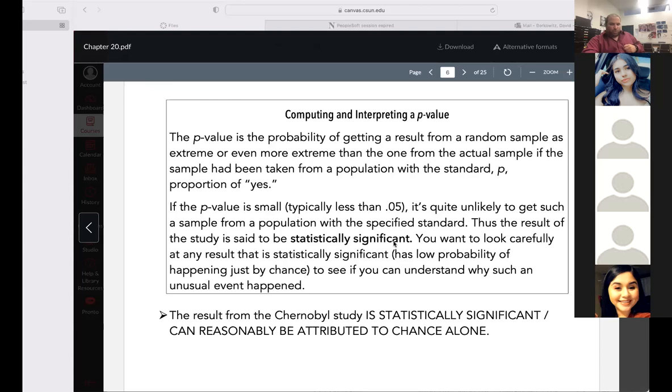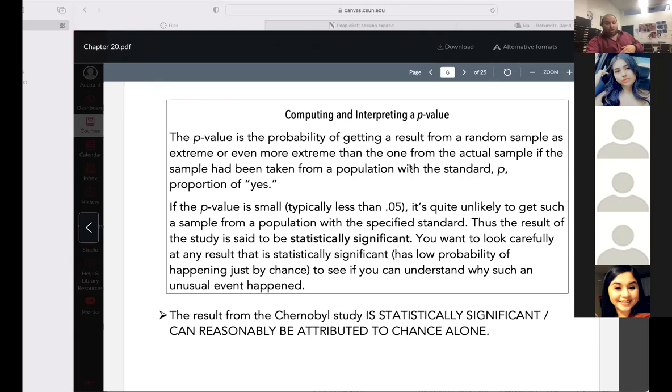It's a low probability of having occurred by chance alone. So you want to look at it and understand why it occurred. Did it occur because your underlying assumptions were wrong and therefore you want to change them, or possibly for some other reason?